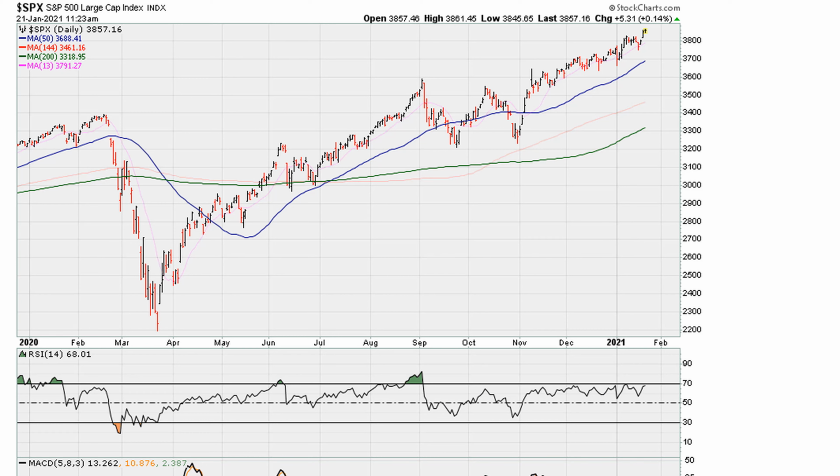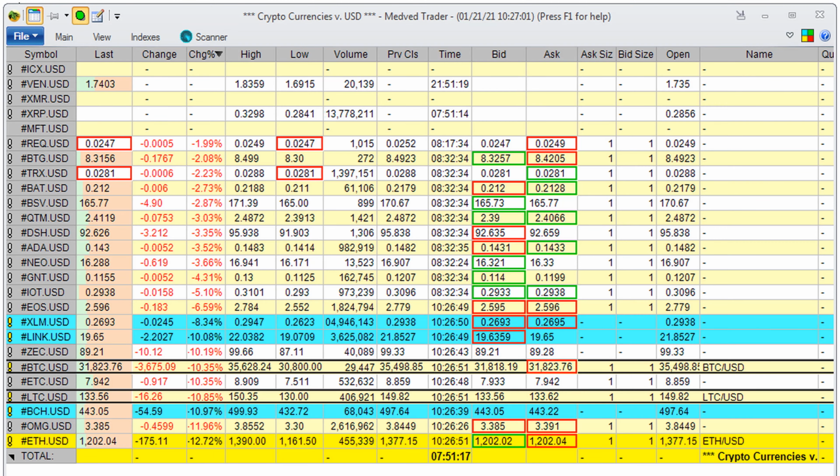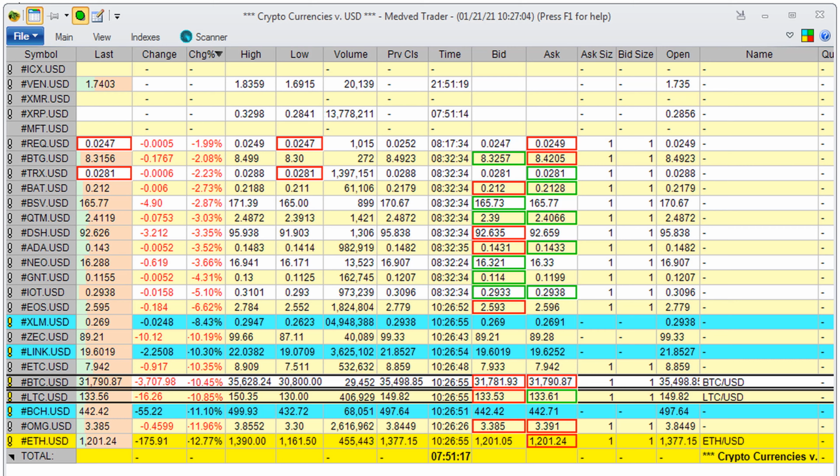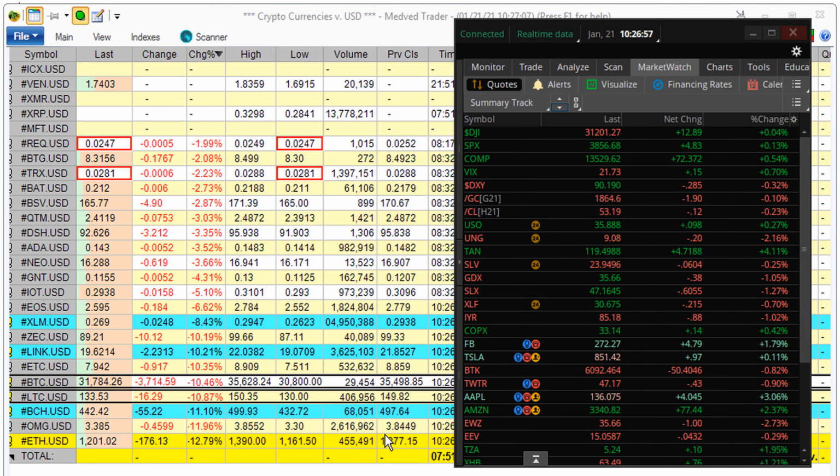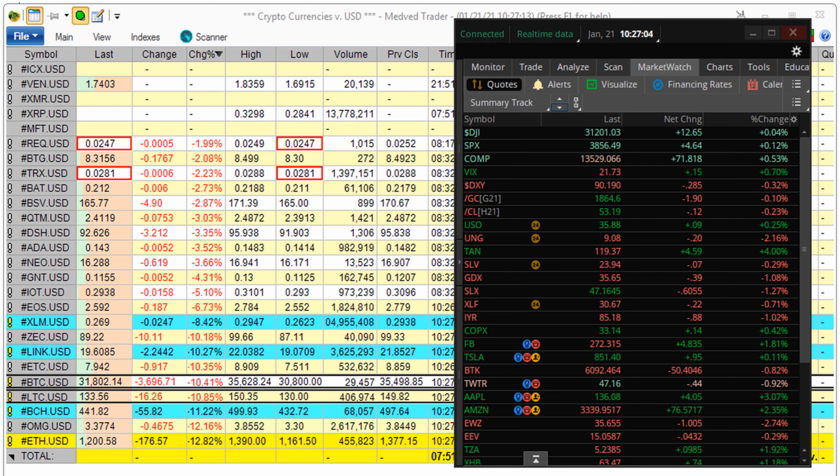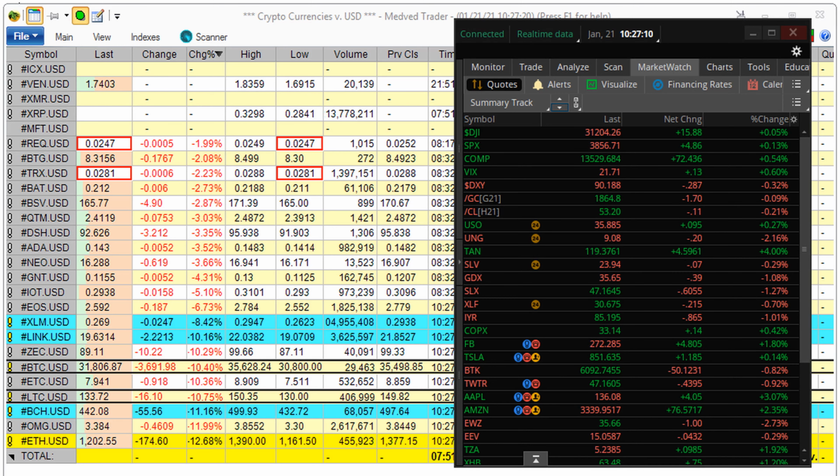For now, based on what we've seen, and also based on the fact that, in my opinion, the cryptos are leading here in the short term, and they're indicating there's a pullback in store for the general market, I would say the general market also is due for a reactionary move to the downside. Purely educational, short-term trading, swing trading, intraday trading.